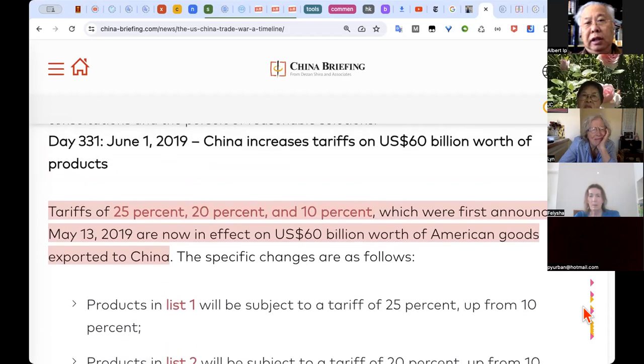So by June 1st, 2019, China increased tariffs on 16 billion worth of US products that come into effect now.